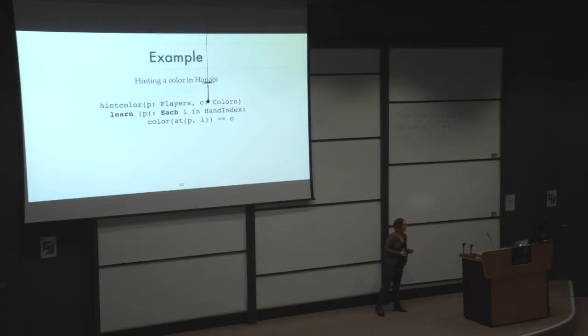And similarly, analogous to for all, we have an each operator, which allows us to finally express a legible example in terms of the previous work, which is hinting a color in Hanabi, where you have a player and a color, and we can express this as the player learning each index of their hand that matches the color that we're given.